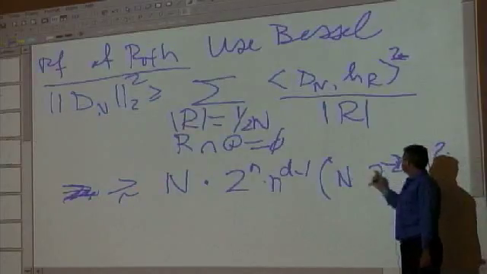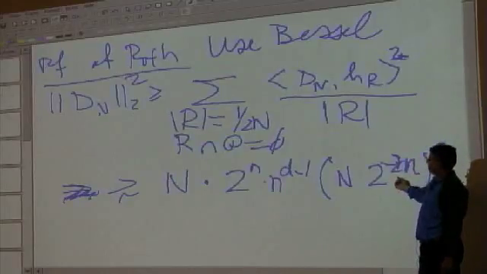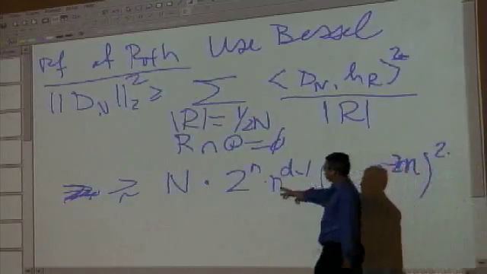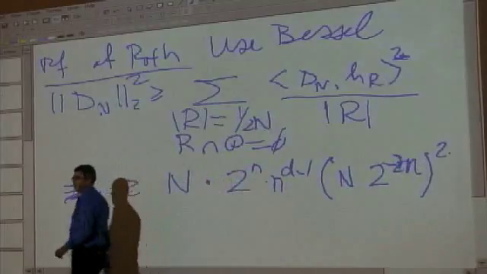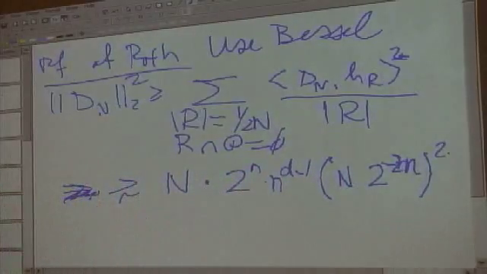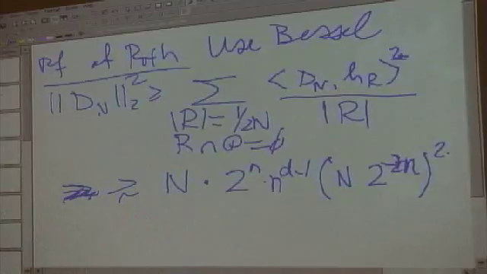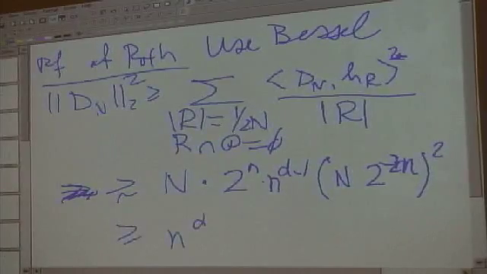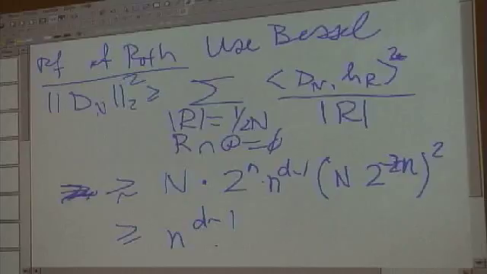This times this is basically 1 over n. And 1 over n squared cancels this and this. And so I have the n to the d minus 1, and that's the n. So Roth's theorem is seen from this perspective as a precise analog of this average case bound.